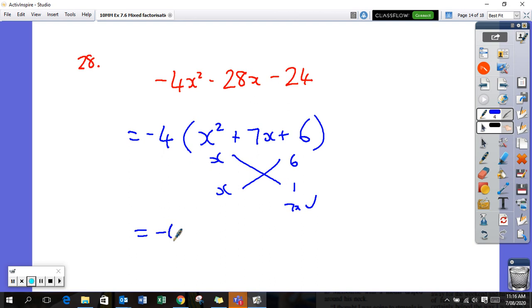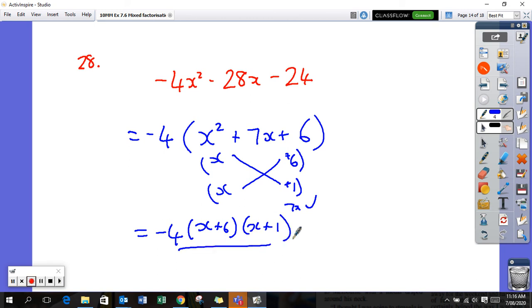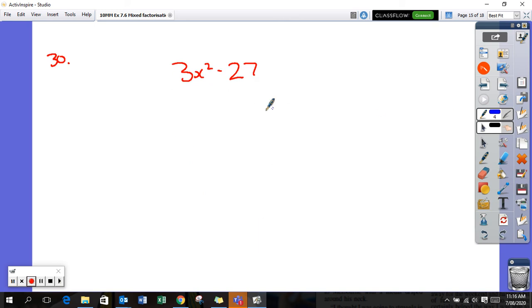So this is going to equal minus 4, has to be still there. These are both positive, so we go x plus 6 and x plus 1.